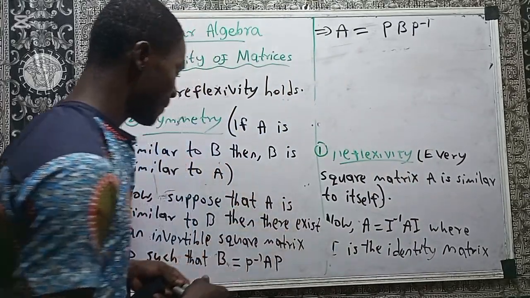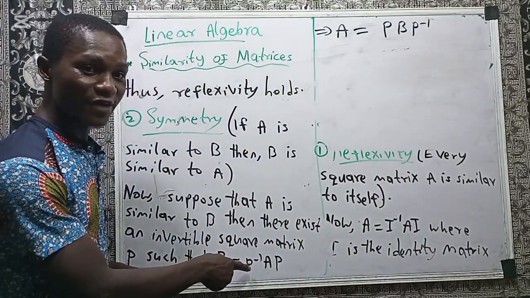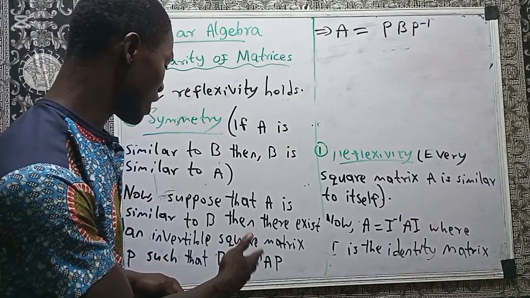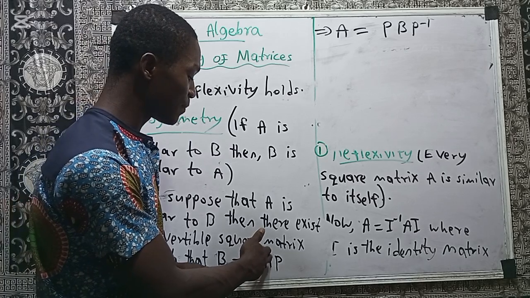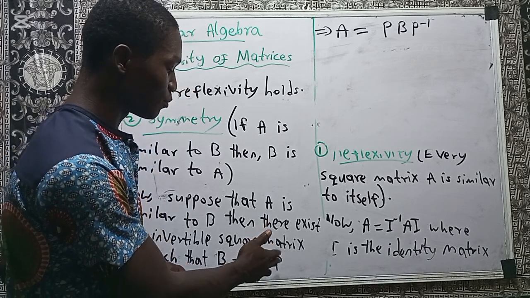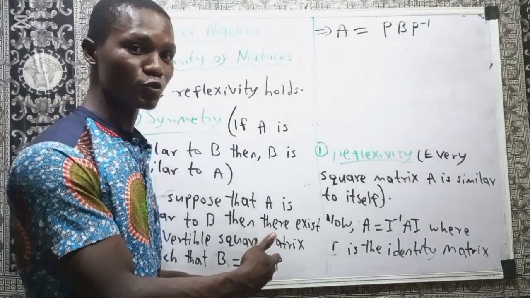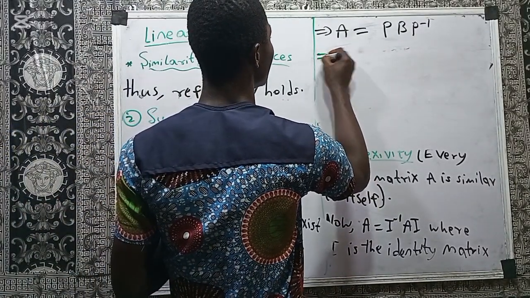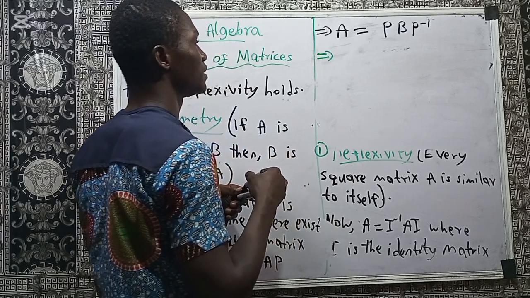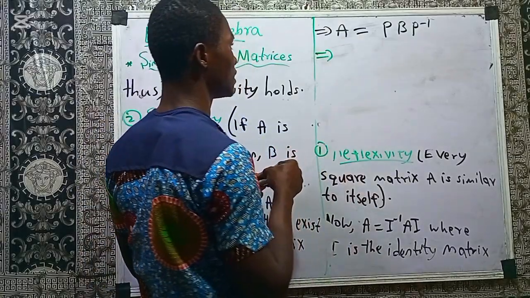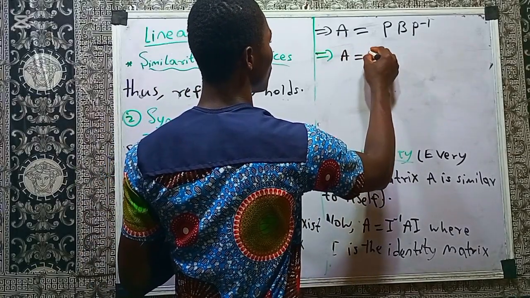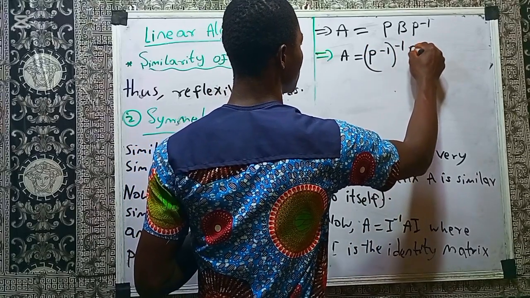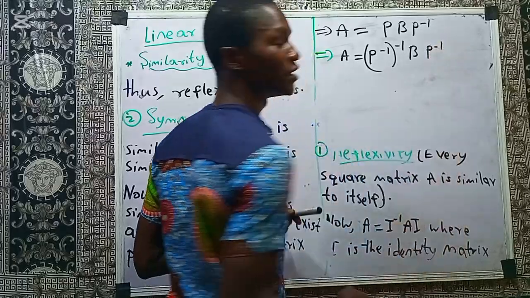Now, remember what we have here. We're supposed to have the inverse of the invertible square matrix multiplied by your matrix multiplied by that invertible square matrix. Now, this simply implies that your matrix A will be equal to P inverse all inverse B P inverse, right?